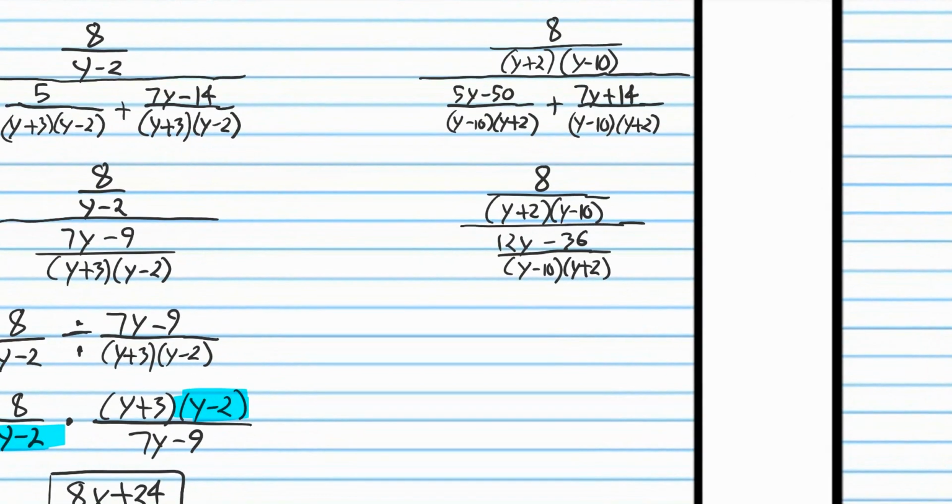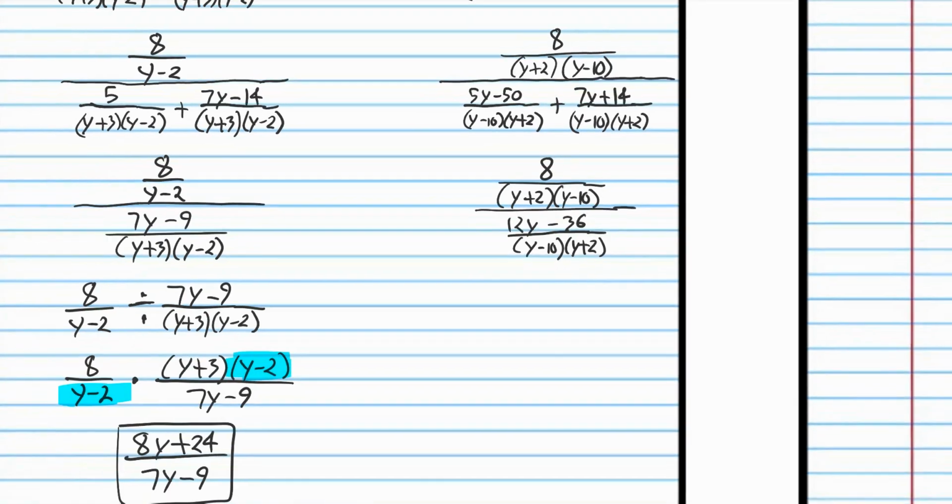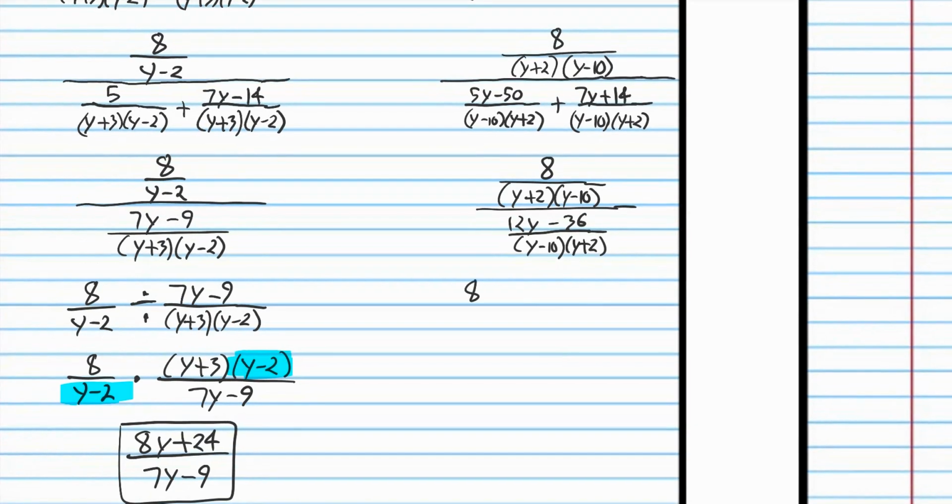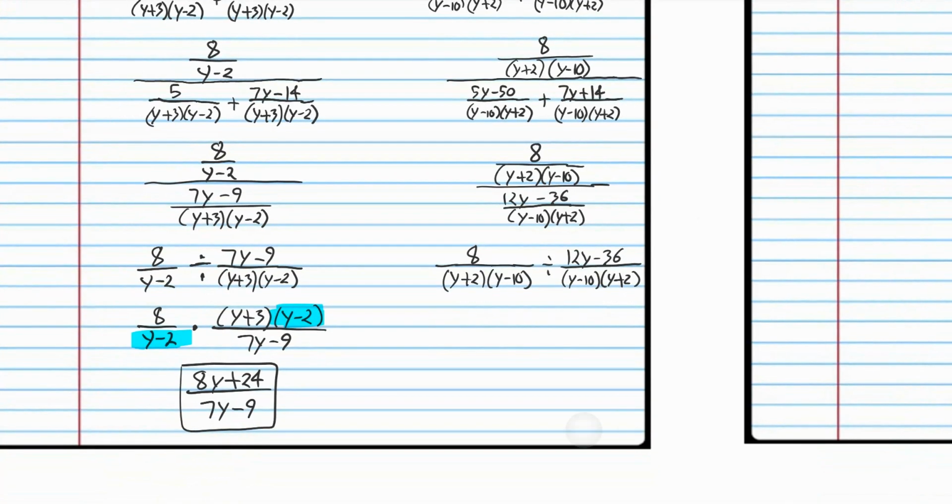So now we have one fraction in the numerator and one fraction in the denominator. So that tells us that we're ready to change to the old division sign. Change to multiplication, flip the divisor.